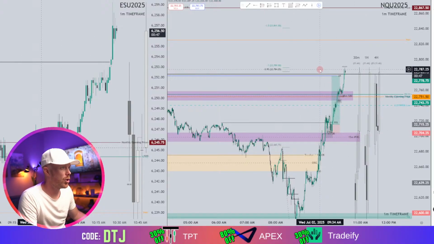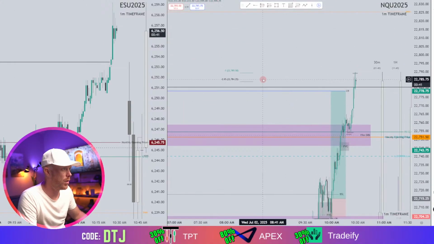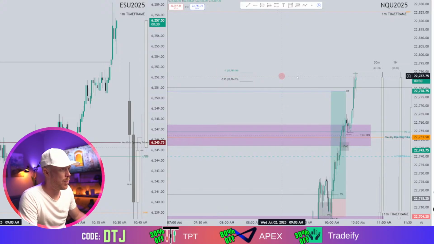Great trade. Look at the 1 standard deviation. Here's my 1 standard deviation. Can you guys see that level right there? That level is 22,789.5.